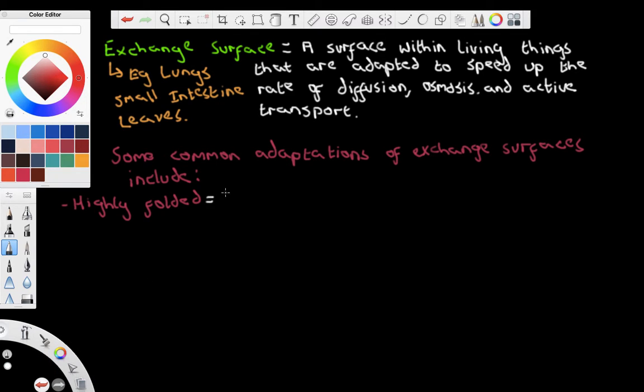So are highly folded, and we can say increases the surface area across which substances move.